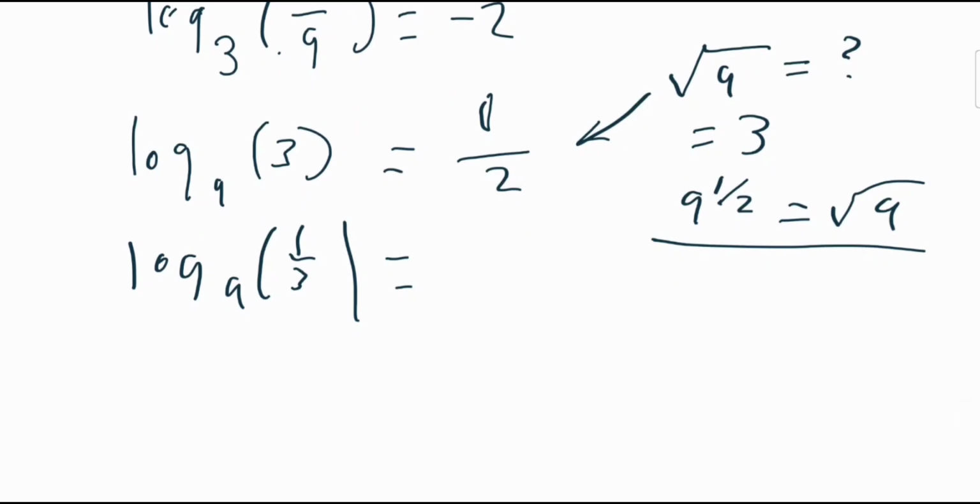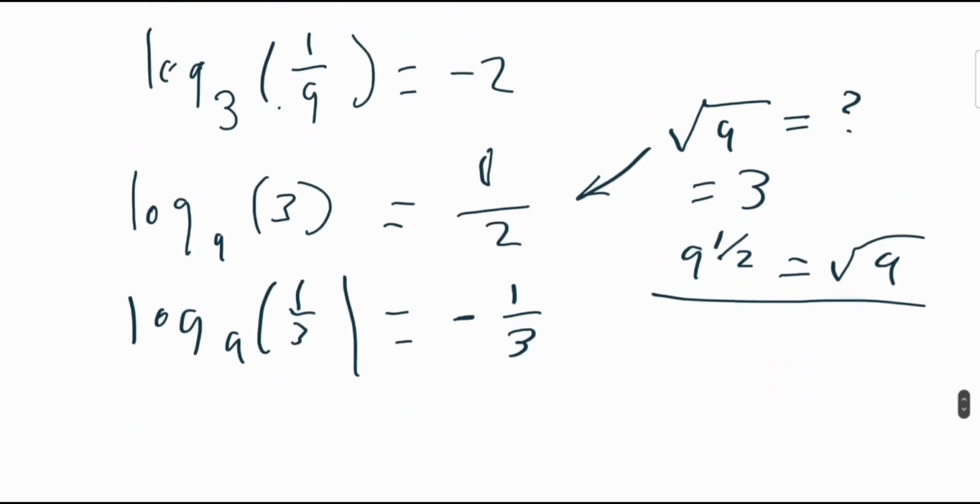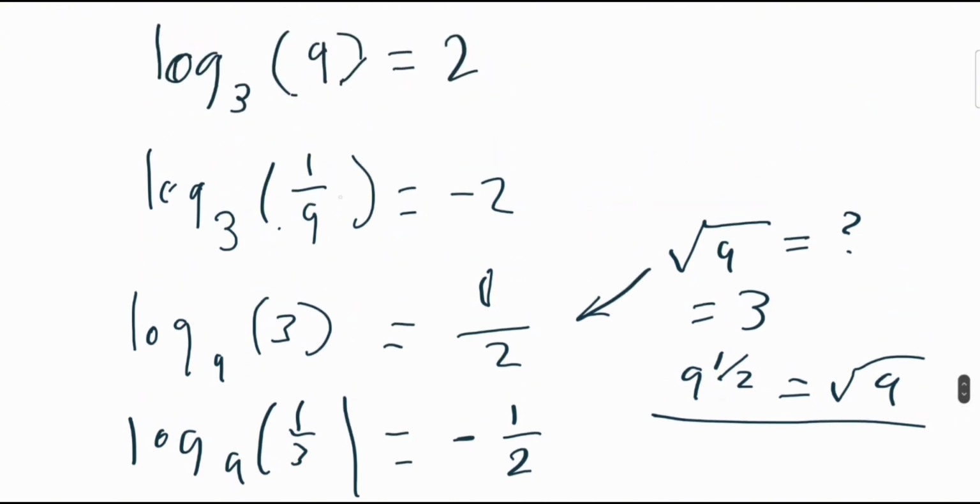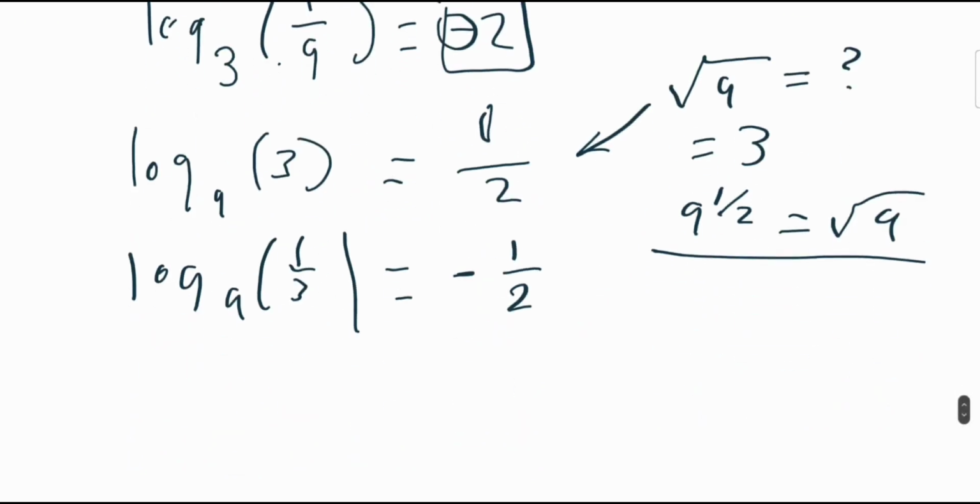Well, this is going to equal -1 over 2. The reason it is like this is that if you take a look at the log base 3 of 1 over 9, it is actually a negative. So if we do the same thing, we get -1 over 2. So this is the answer.